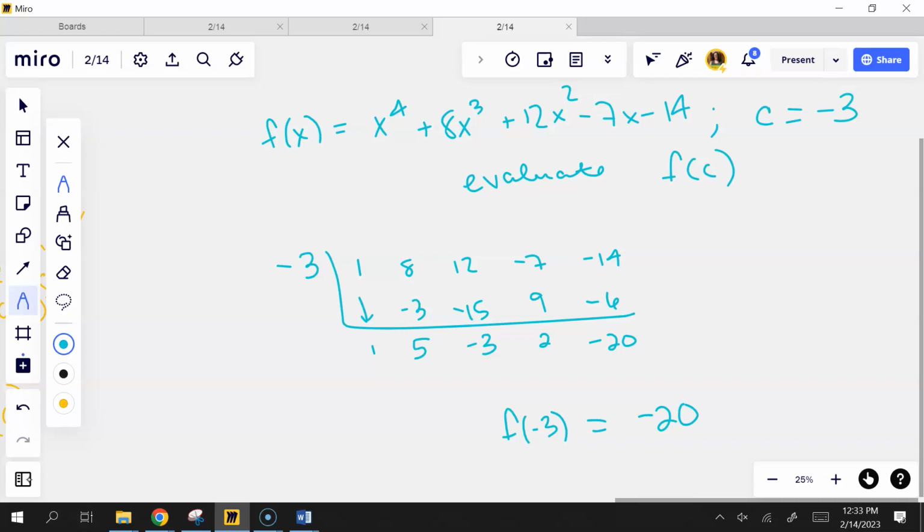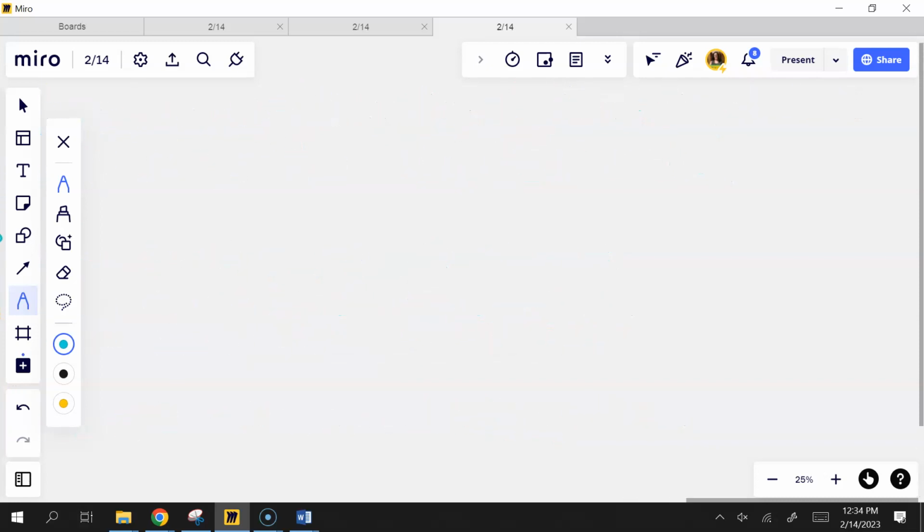Let's do a word problem. The number of tickets sold during the Oakdale High School football season can be modeled by the equation, where x is the number of games played.